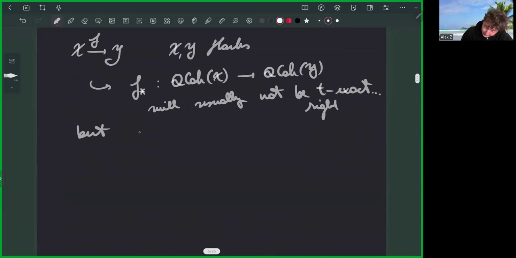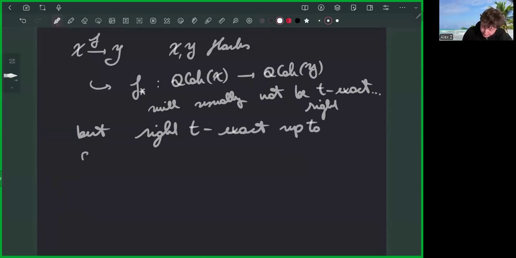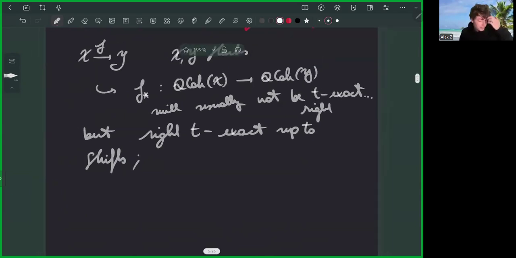But it will often be right t-exact up to shifts. Okay, so it will be right t-exact up to shifts. I will explain what this means in a moment.